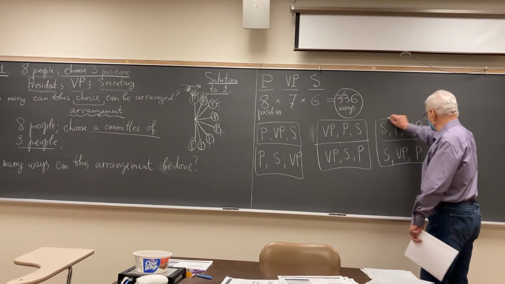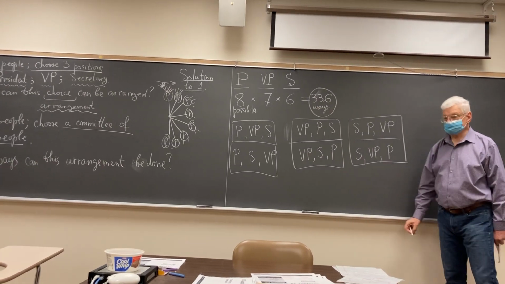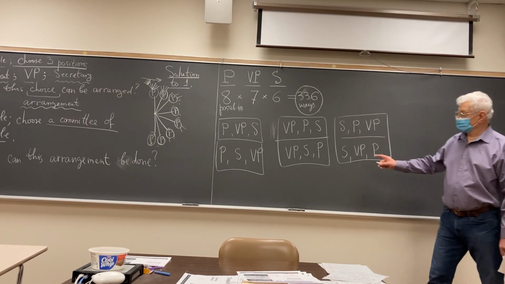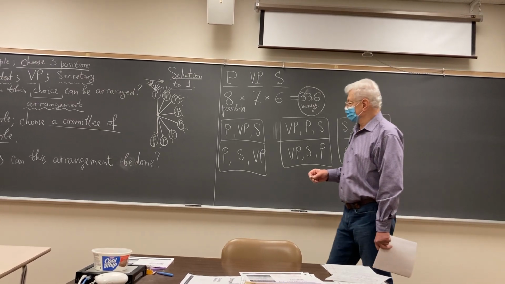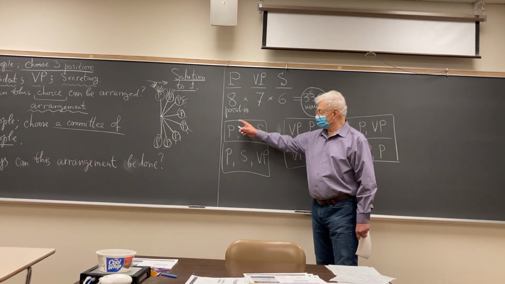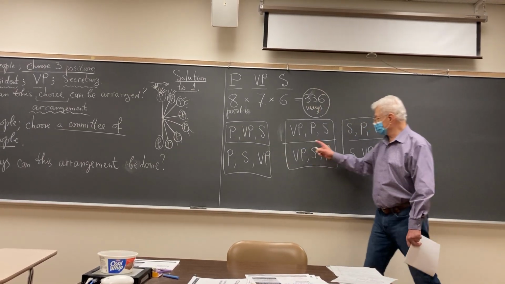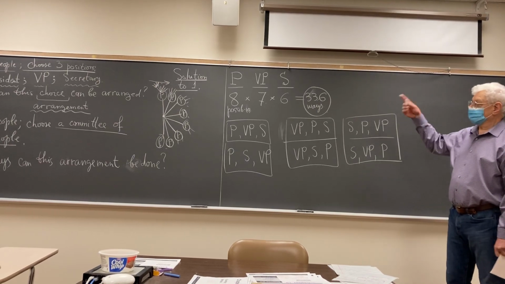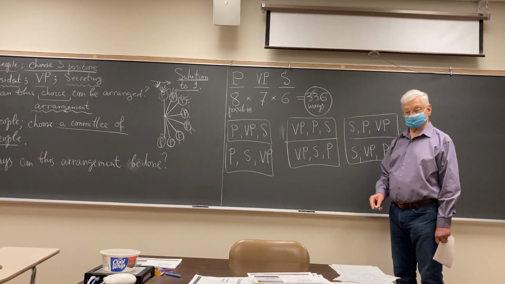So when we choose 3 positions, and then after that we apply one of those 6 possibilities, only then we get 336.